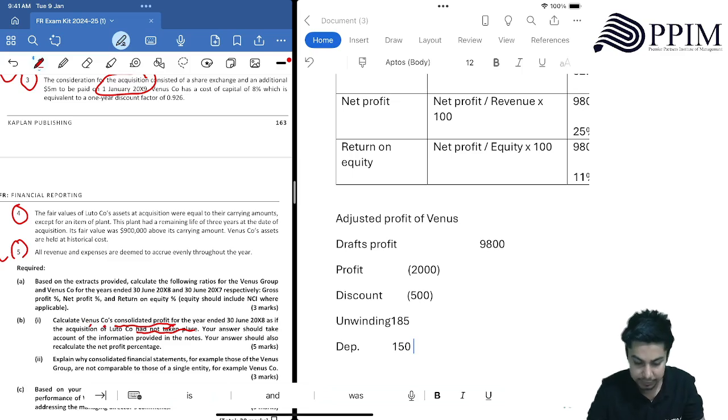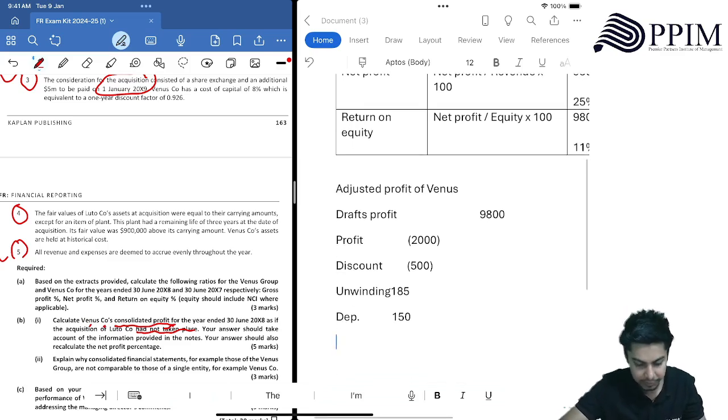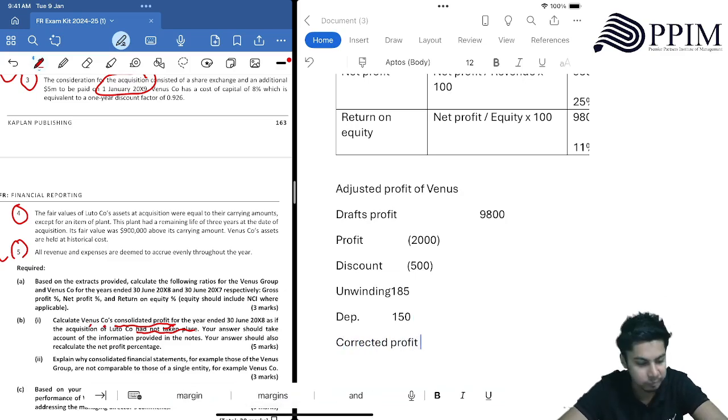That's it, guys. Now, guys, can you quickly adjust and give me the corrected profit now faster? Please check and see what's going to be the corrected profit.